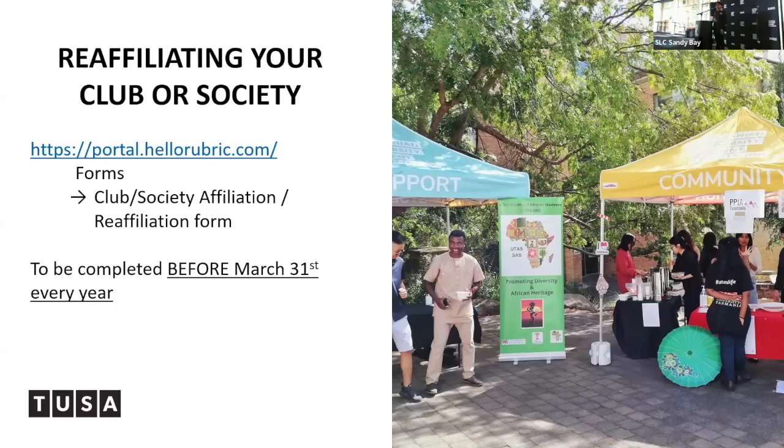And on the other side of things, if you are super organized and you've already had your AGM, you don't have to wait till the 1st of January to resubmit your reaffiliation paperwork. If you have it ready, just do it now, and then you're already all sorted for the next 12 months from March as well.